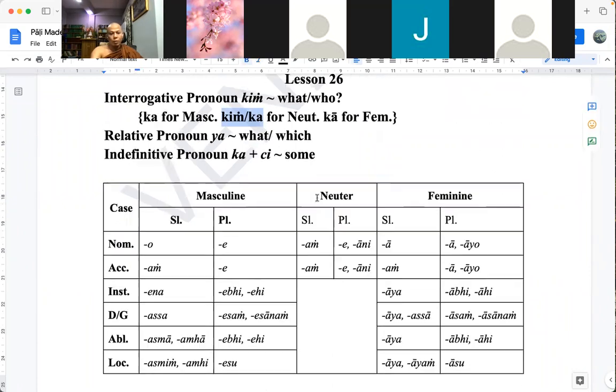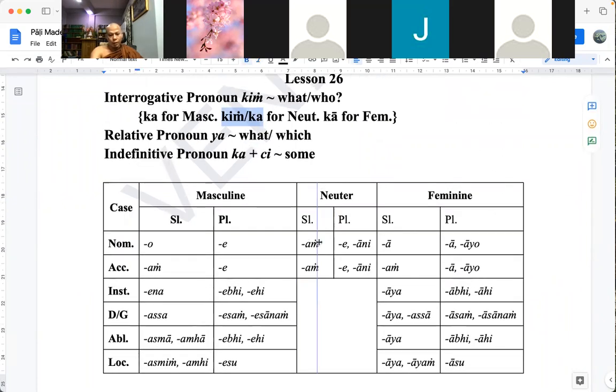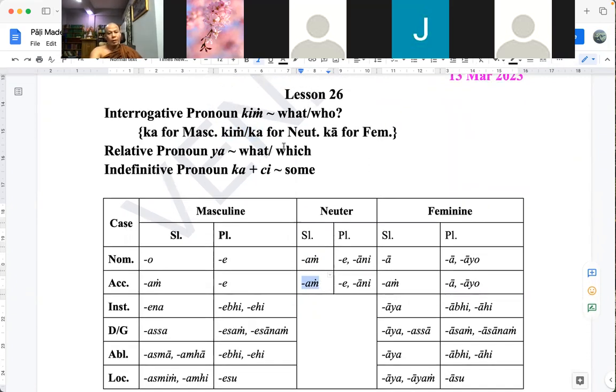But came is only for the nominative case, singular, and the accusative case, singular. The rest are the same. And the same way for the feminine gender, ka.